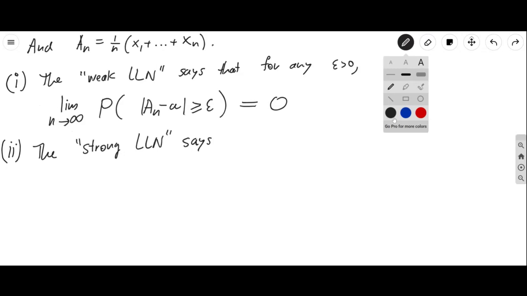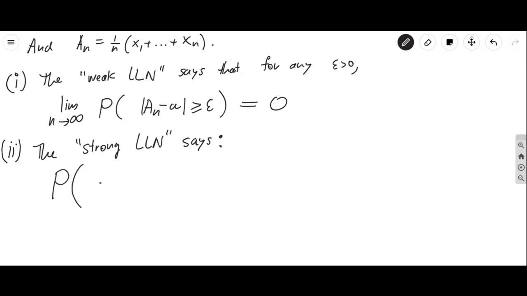So the strong law of large numbers says that if you calculate the probability that the limit of An is not equal to a, so here epsilon is a margin of error between the empirical average and the theoretical average. And in the strong law of large numbers, you're saying there is no margin of error. They are exactly equal in the case where the limit goes first and then you take the probability.